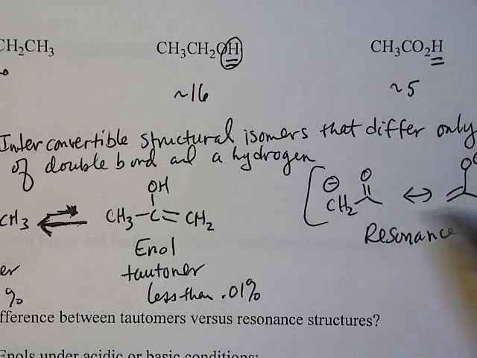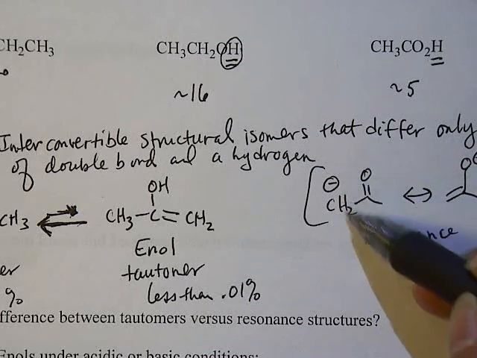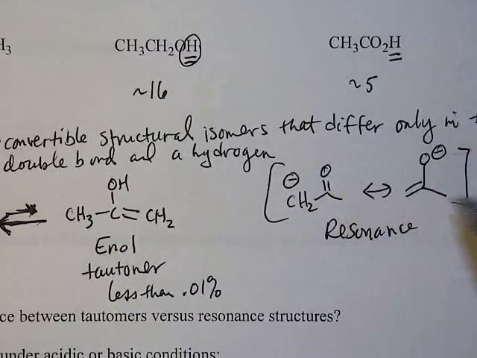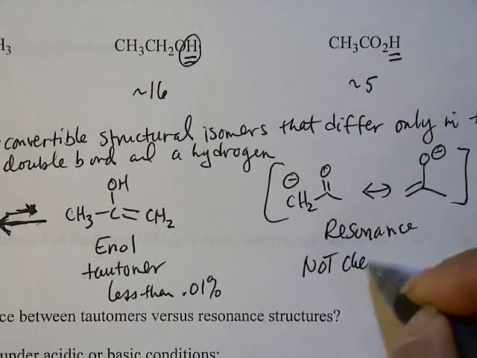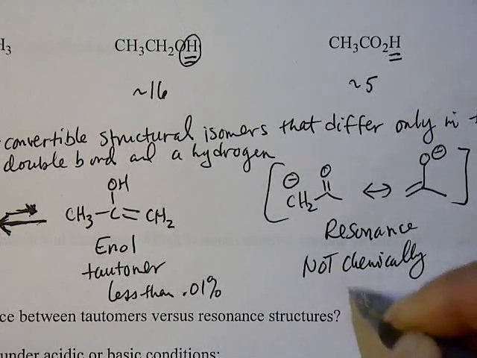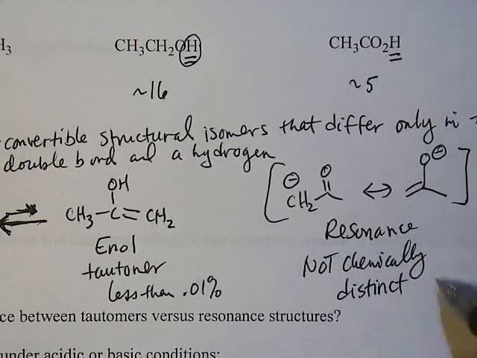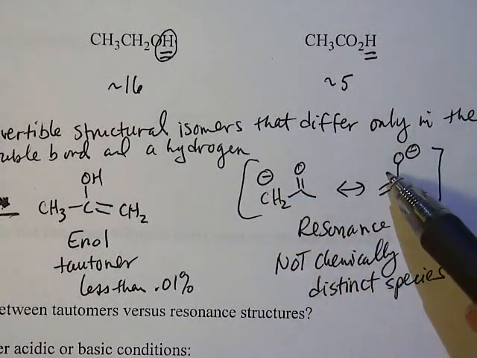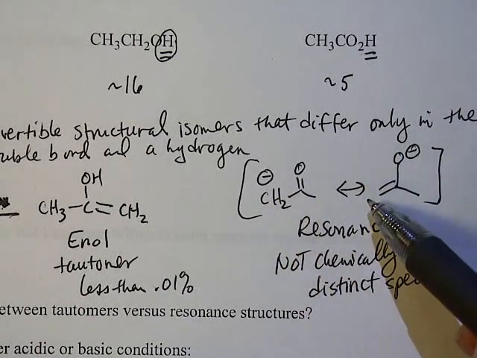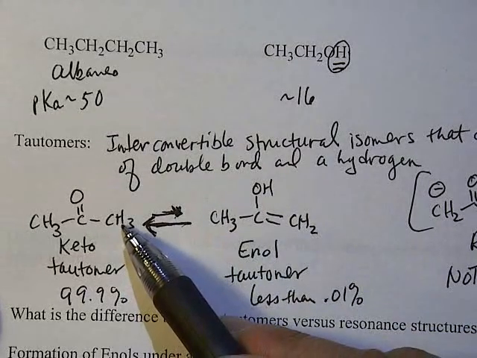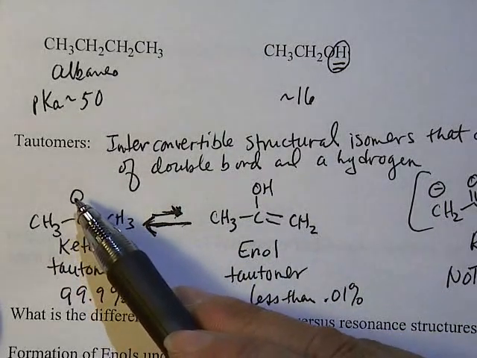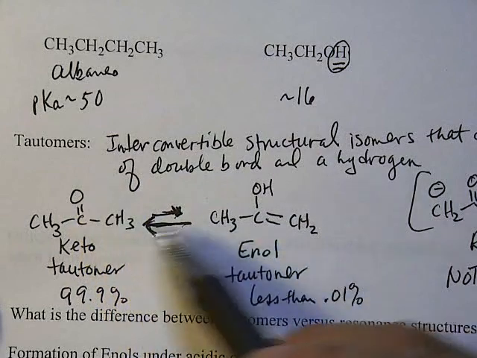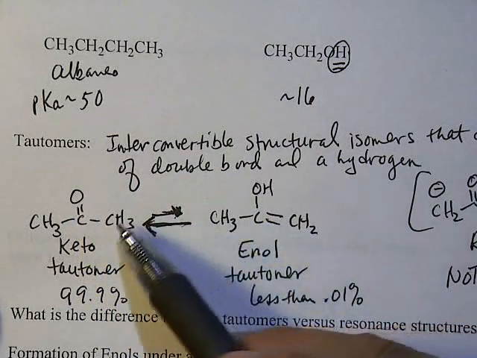When we draw resonance structures, this is not a distinct species, and this is not a distinct species. In other words, they're not chemically distinct species. And remember, the resonance structure is just the movement of the pi electrons. None of the atoms has moved, all right? Whereas here, the hydrogen atom has moved from carbon to oxygen. So these are structural isomers that are distinct.